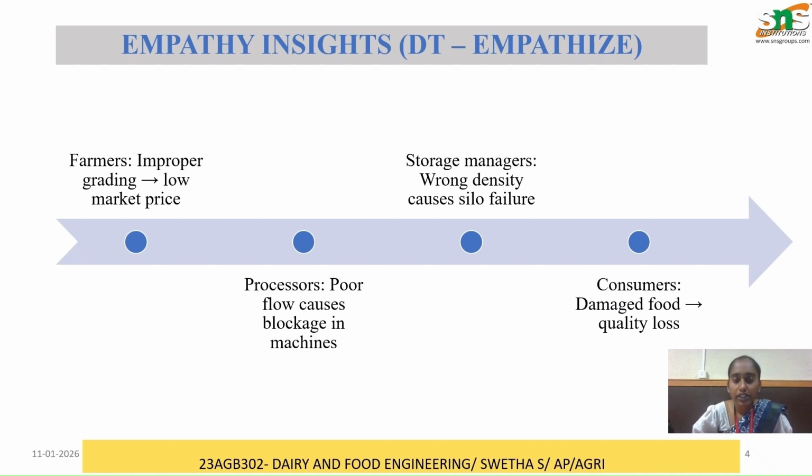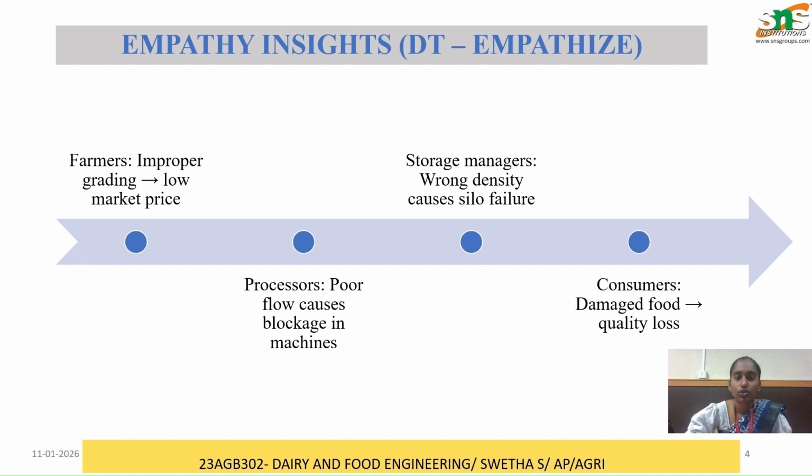For storage managers, for example, if they calculate that they may have 20 kgs of tomato, and the density is reduced, it also causes failures. For processors, poor flow causes blockage in machines and equipment. At last, consumers spot damaged food. It reduces the reputation of a company, and it also causes food contamination, which creates food poisoning for the consumers.